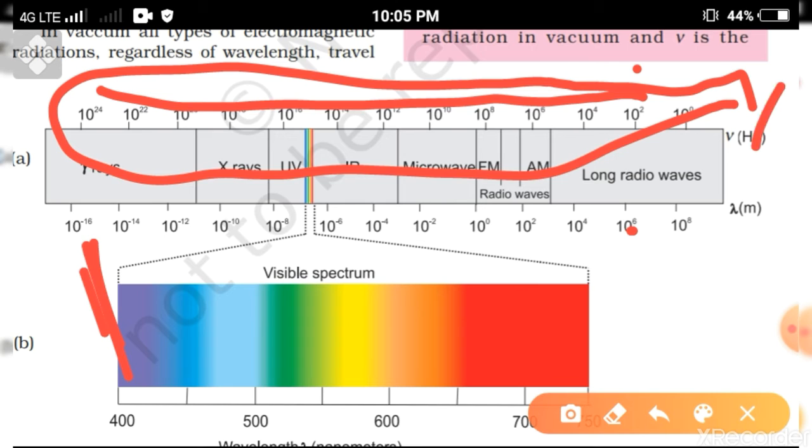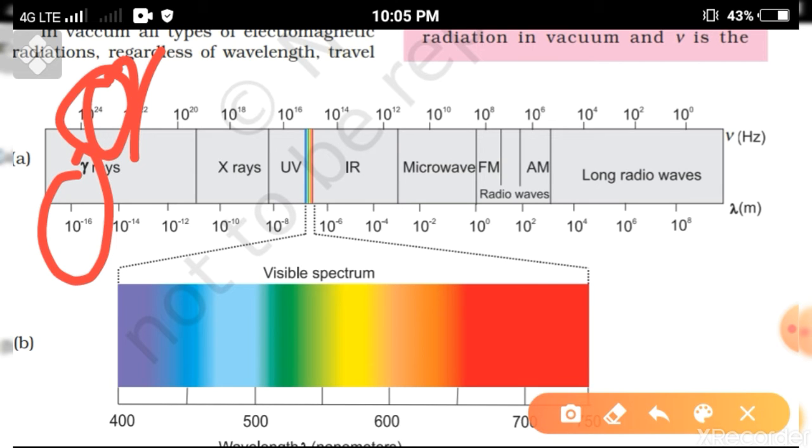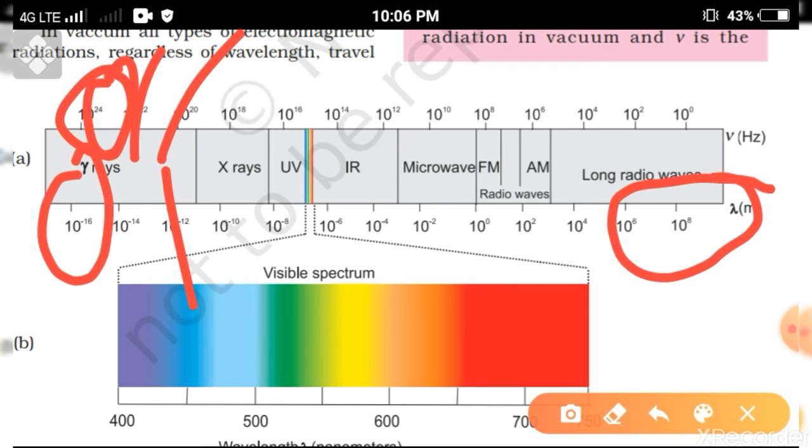For example, the frequency of gamma rays is 10^24, and its wavelength is 10^-16, which is the lowest.